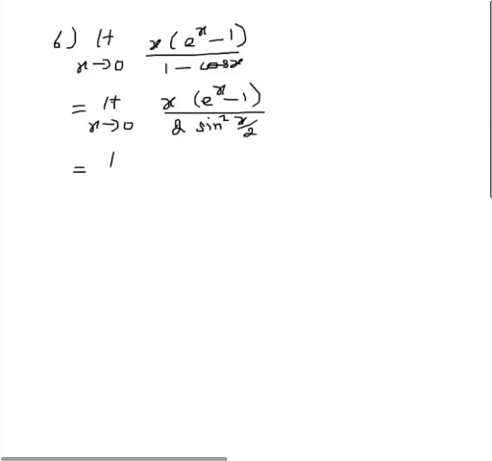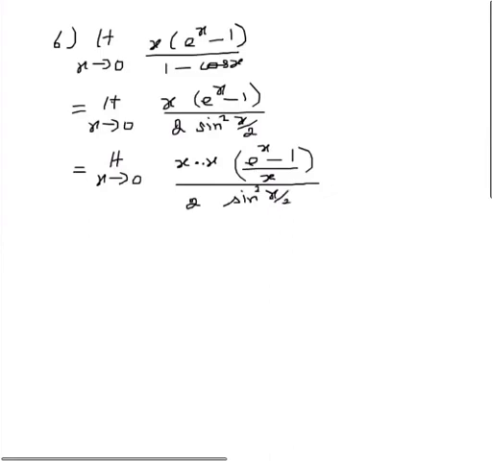This is equal to limit x tending to 0 of x times e power x minus 1 divided by x. I am dividing the numerator by x, so I need to multiply by x, divided by 2 times sine square x by 2. I am dividing the denominator by x by 2 the whole square, so I need to multiply by x square by 4, that is x by 2 the whole square.